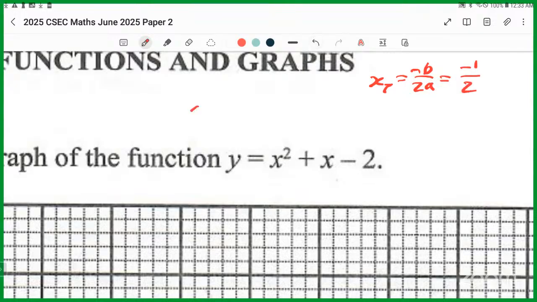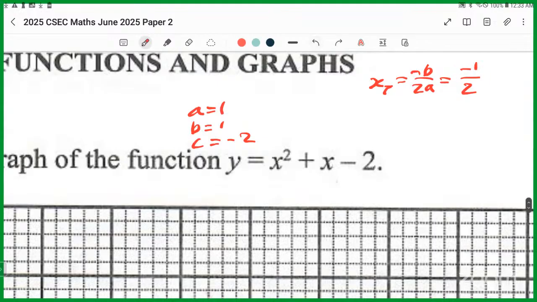So it's -1/2. And then the yt value is 4ac minus b squared, divided by 4a. I know I can get the yt value by just substituting this -1/2 into the function. Nice and easy. Half is an easy number to work with.